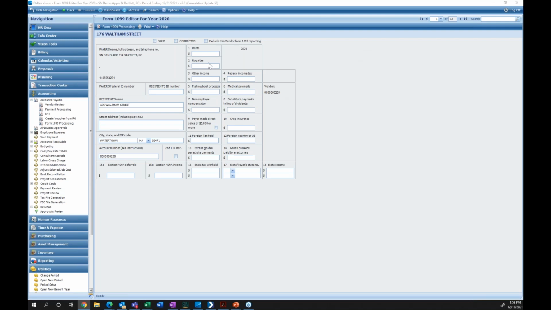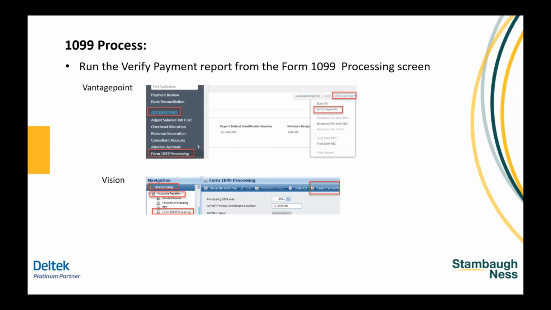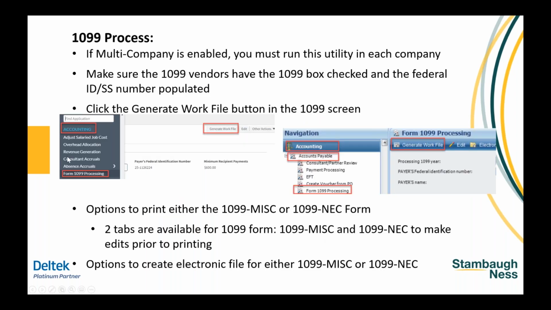It says exclude from miscellaneous or exclude from NEC, and it'll print it properly. I was just seeing if I had it on my screenshot, so I might have missed that. But you would just generate your work file, and you can make adjustments.